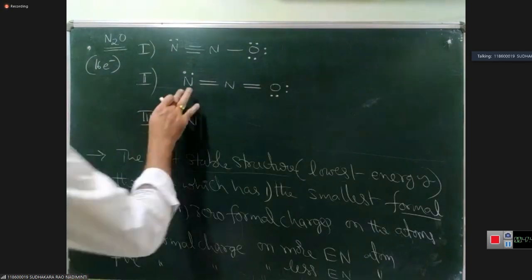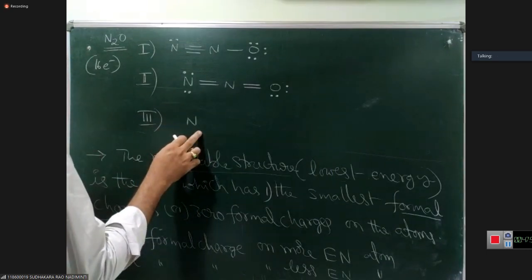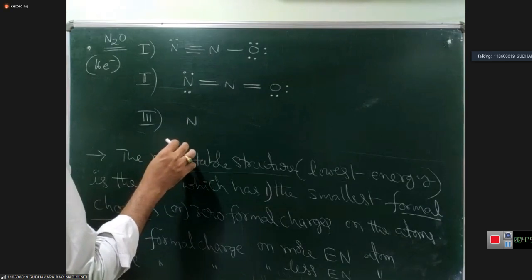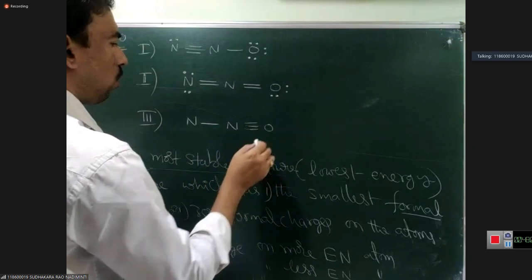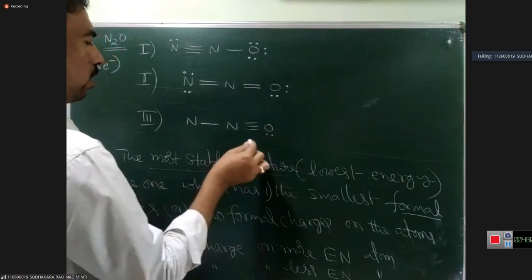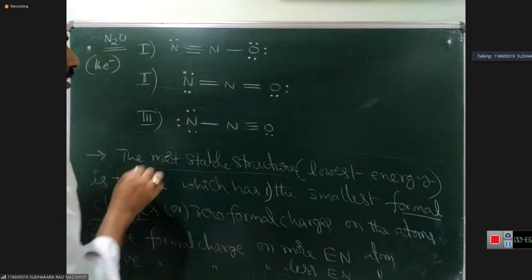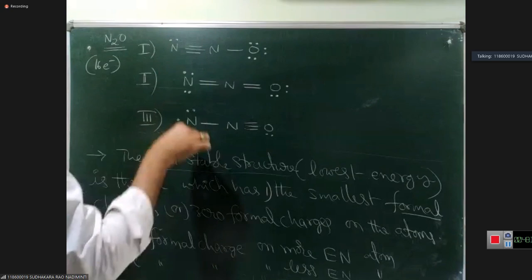So I'm writing the third Lewis dot structure: a single bond and a triple bond to O, with lone pairs. So you can write the Lewis dot structure for N2O in three ways.